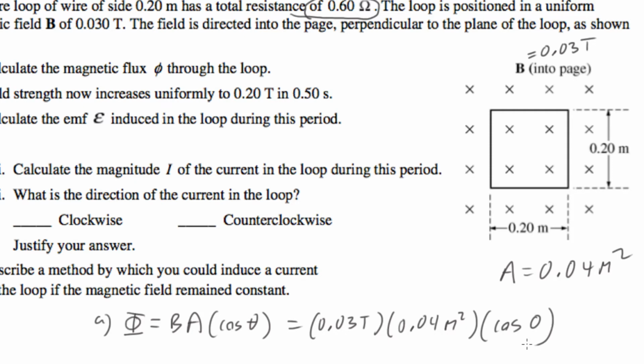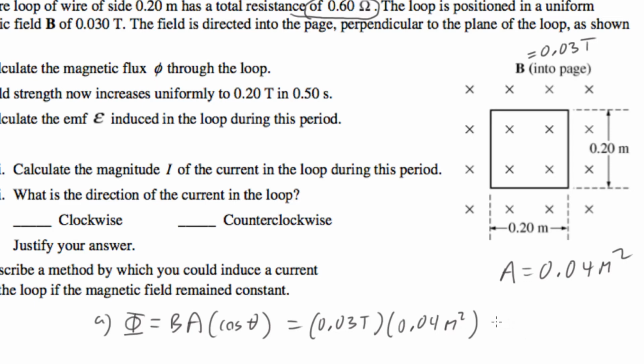The theta is the angle between the normal line to the loop and the field. So, look, here's a loop. The normal line is sticking straight out, right? Normal means perpendicular. The field is going straight in. What's the angle between those? 0. They're parallel to each other. All right, so cosine of 0 is just 1, so we can pretty much just drop this off. We don't need it.